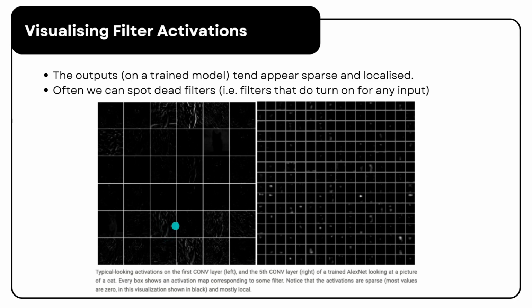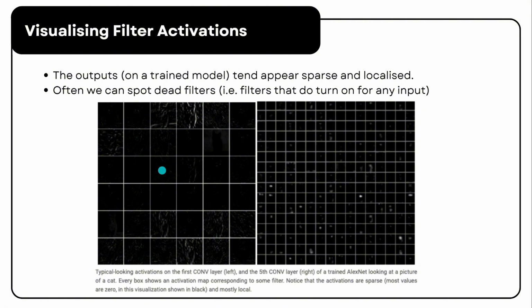So what does this represent? Imagine we fed an image like a cat into our trained CNN. Each square you see here represents the output of a filter in one of the early convolutional layers.